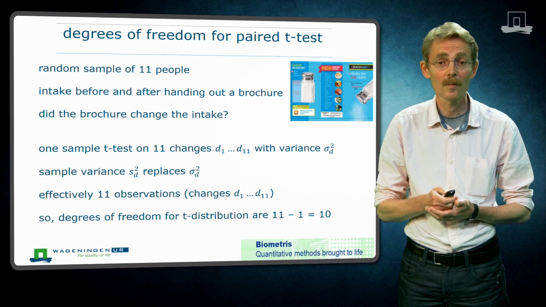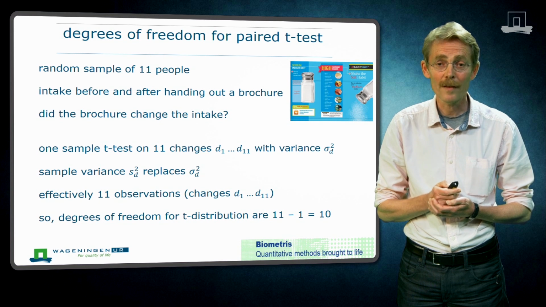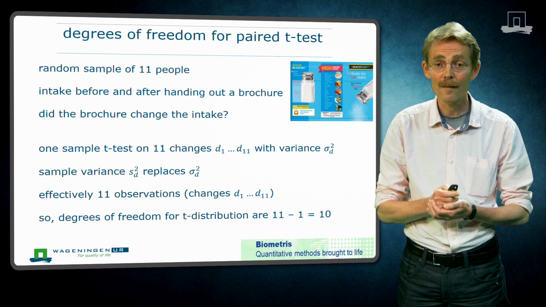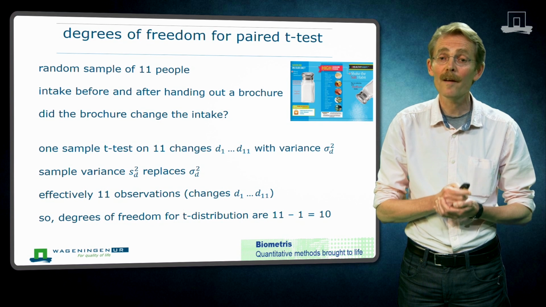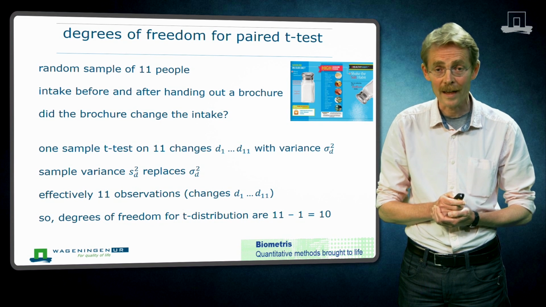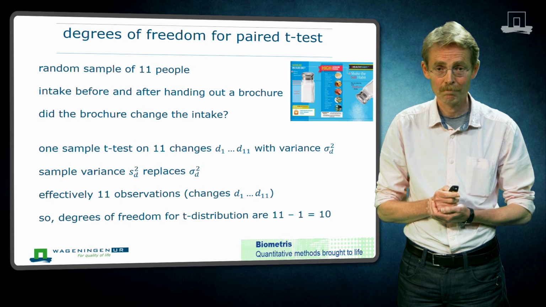When they're not, the brochure did have an effect. So in this case, effectively, we apply a one sample t-test on 11 observations, the changes D1 up to D11. So we have 11 minus 1 is 10 degrees of freedom, like we had before in the one sample case.